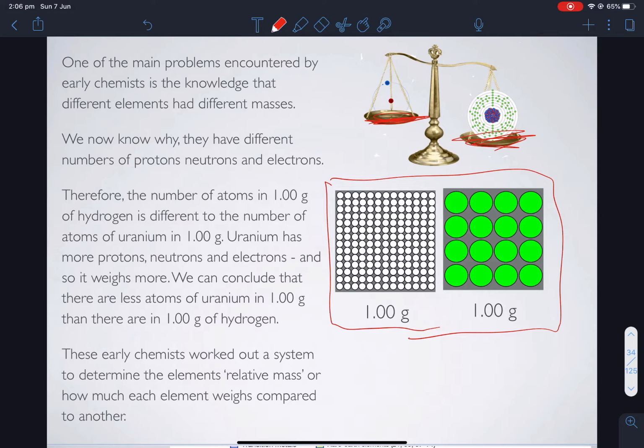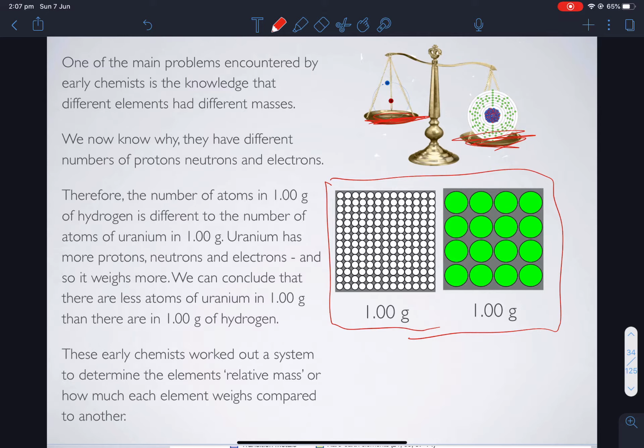They're a lot heavier, so there's a lot fewer atoms of uranium in 1 gram than there is of hydrogen in 1 gram, because hydrogen weighs a lot less. We've got one proton in the middle, plus that measly electron. But in uranium, we've got 238 mass units.